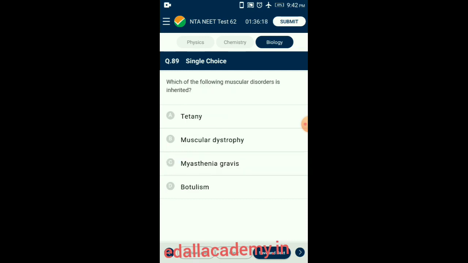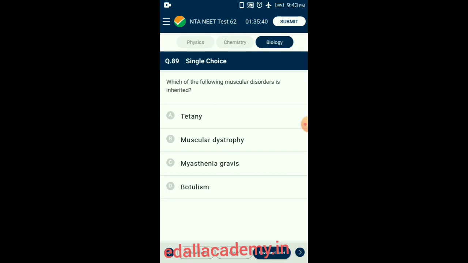Question number 89. Which of the following muscular disorders is inherited? Muscular dystrophy is a disorder that refers to a group of disorders that involve a progressive loss of muscle mass and consequent loss of strength. The most common form, Duchenne muscular dystrophy, typically affects young boys, but other variations can strike in adulthood.